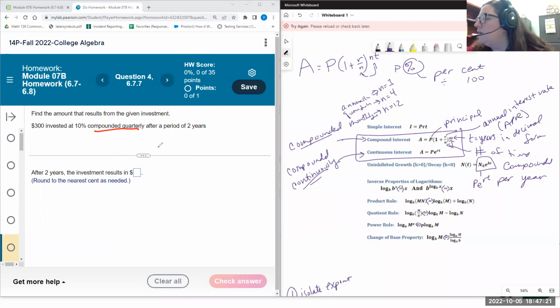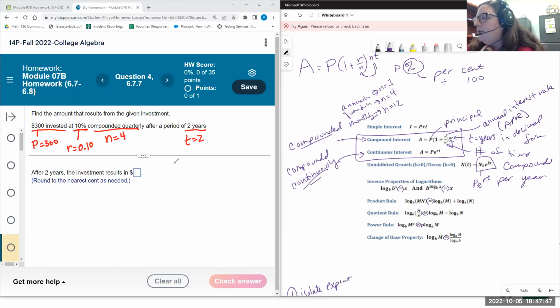So I'm going to use that first equation, A equals P times 1 plus R over N to the NT, with N equals 4. The $300 invested is P. The 10% means that R equals 0.10, moving that decimal to the correct form. After a period of 2 years, T is 2.